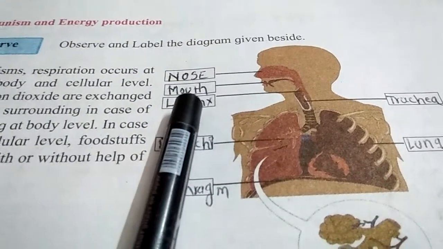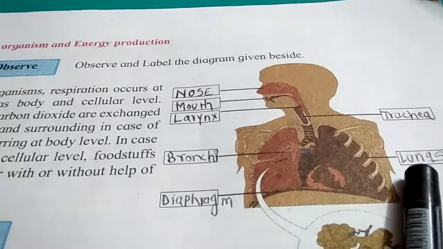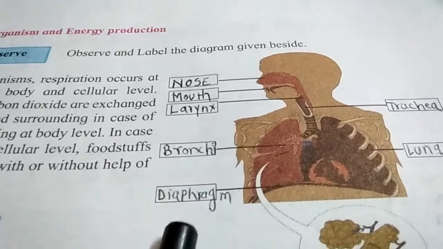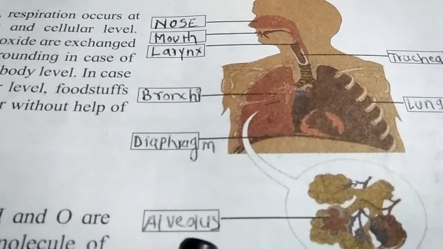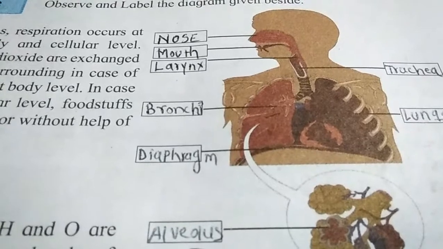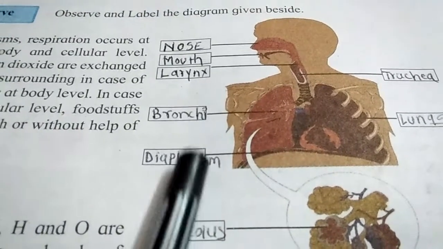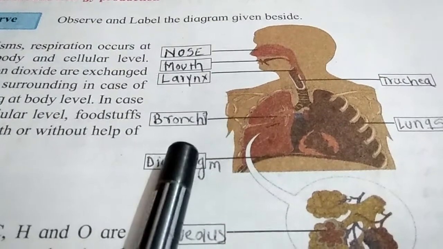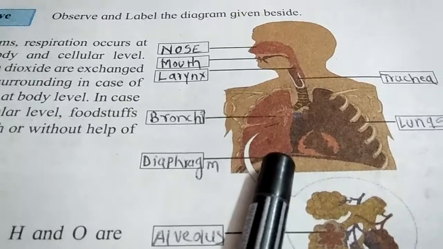It consists of the mouth, larynx, trachea, lungs, bronchi, diaphragm, and at last the alveolus, which are the branches of the lungs. This is called the body level respiratory system.